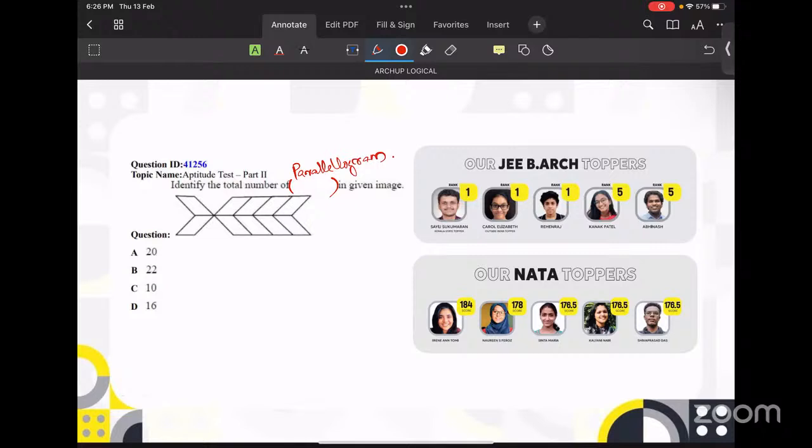So how many parallelograms are there? There we have a technique. If a figure is like this, we can talk about the technique for the parallelogram. Similarly, we have techniques for rectangles also. The technique is the same.